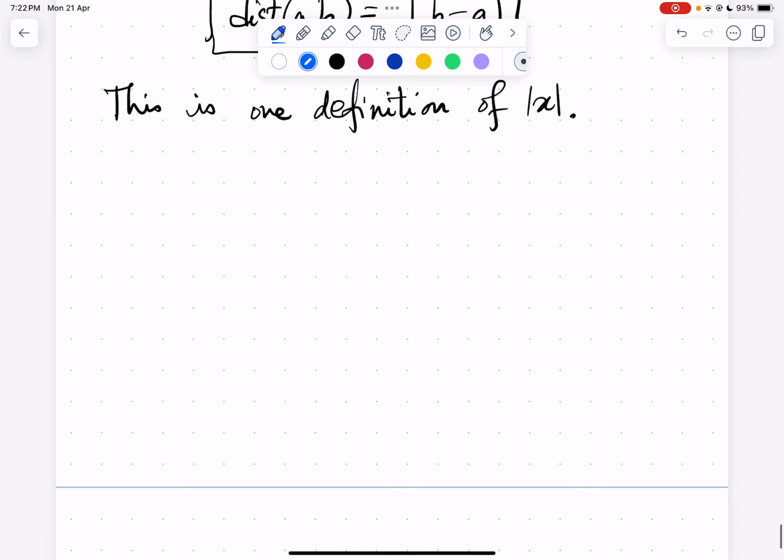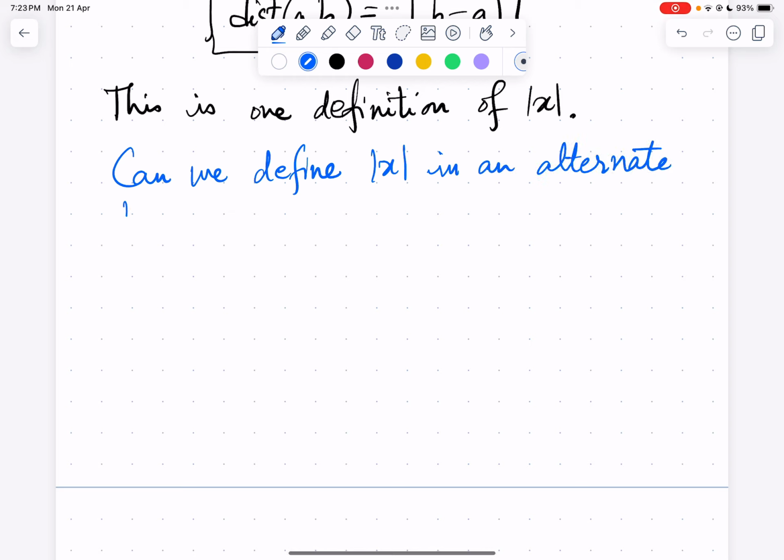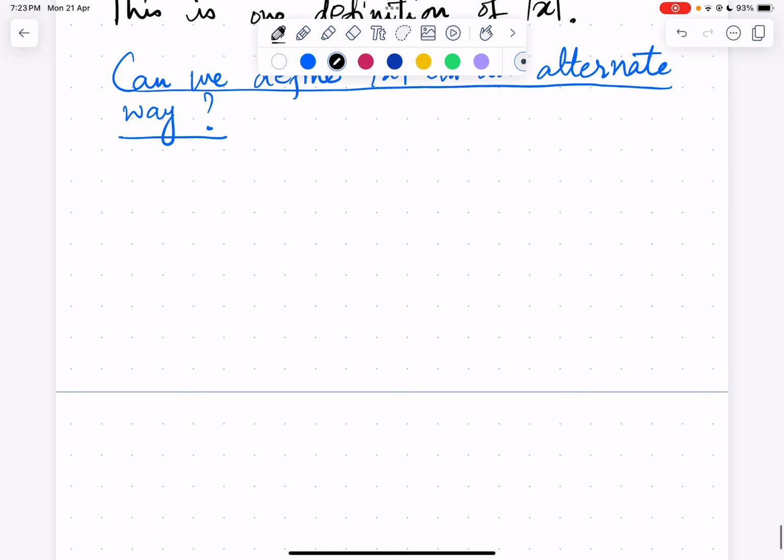We can ask, can we define mod x in an alternate way? So let's see, let x be a real.